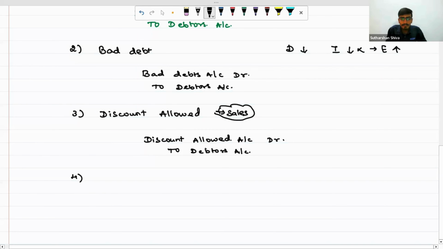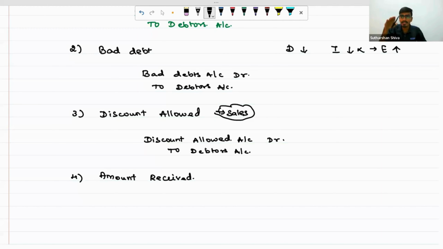Fourth one, there may be a possibility that I may receive partly some cash, partly some credit. At that time, if my amount is received, the amount I am going to receive, that is cash I need to receive, or I need to receive my cash through bank. My cash and bank balances will come up. It increases.